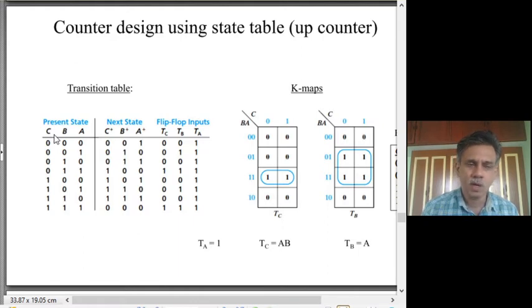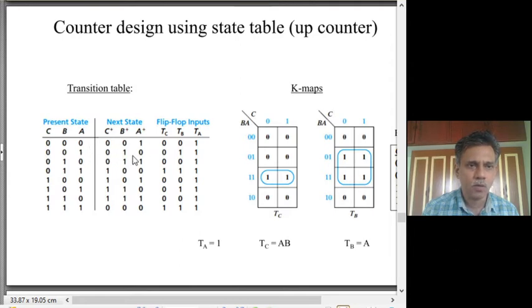Because it is a 3-bit counter, we have 8 possible states, 0, 1, 2, 3 all the way to 7. It is a mod 8 counter, and we are interested in an up counter, which means that from the count 0 we have to go to 1, from 1 to 2 and so on. So for every given count or present state, we can find out the next state. So when we are in count 0, we have to go to the count 1.